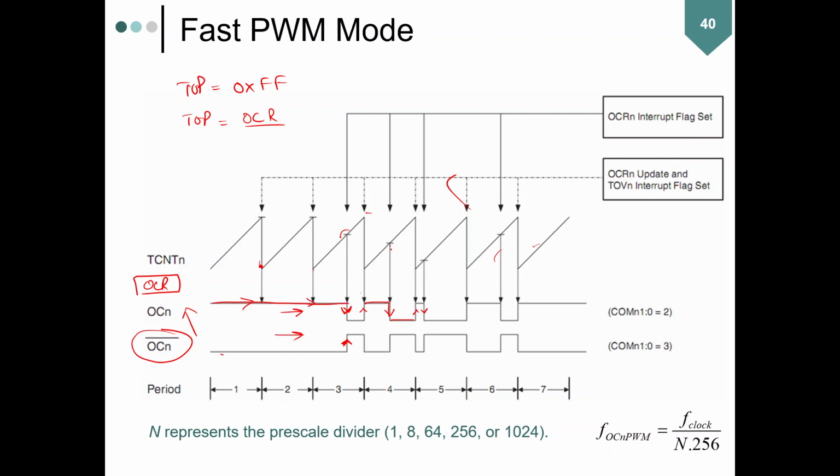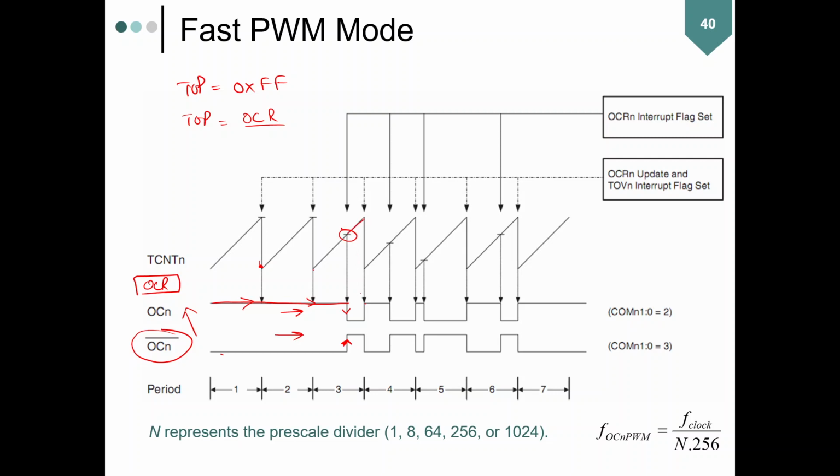However, as soon as the output compare register value and the timer count value become equal, it jumps to 0. So here the comparison occurs, the match occurs, and this output compare pin, which is running high, goes low.